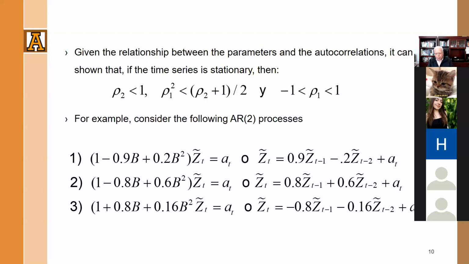Now let's consider three processes here. Here we know the parameters, right? We know phi1 and phi2. I'm generating the data. We'll look at the script and we'll generate this data. So in this first case, phi1 is equal to 0.9, and phi2 is equal to minus 0.2.